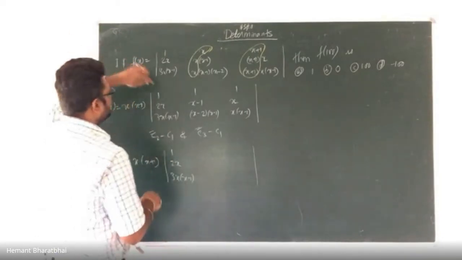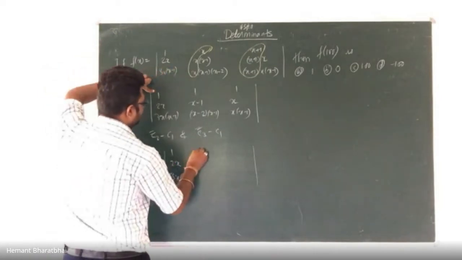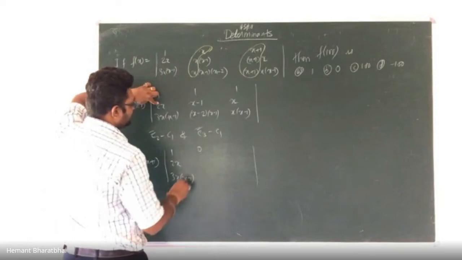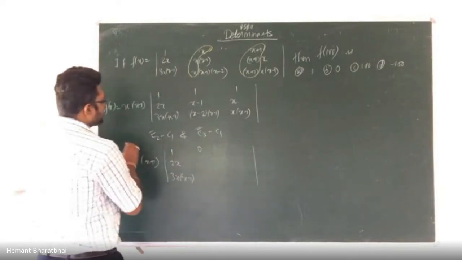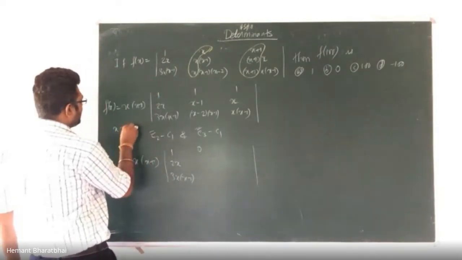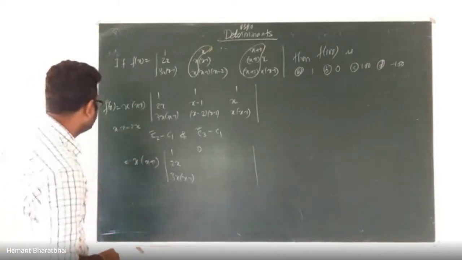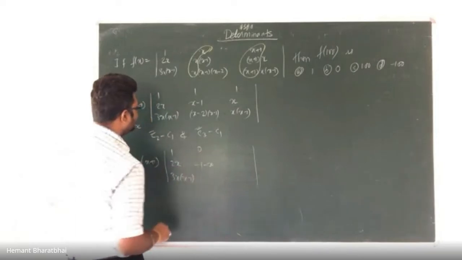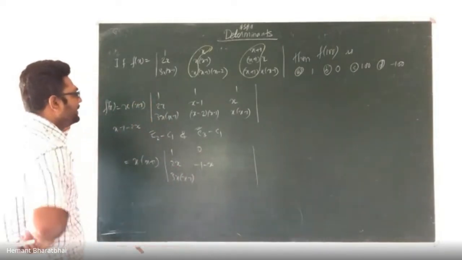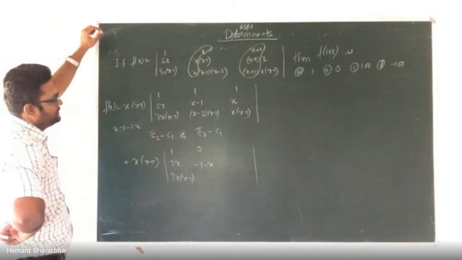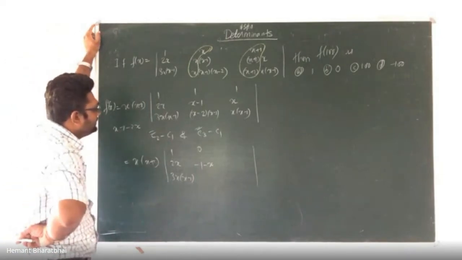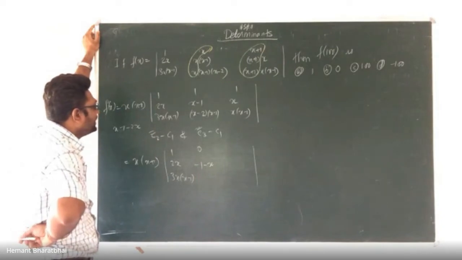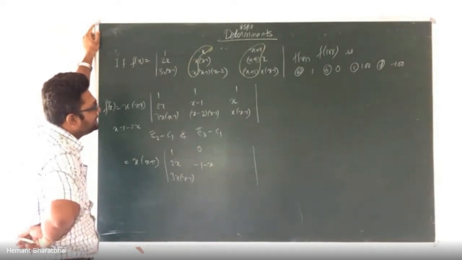So I am doing C2 minus C1. So 1 minus 1, that will be 0. x minus 1 minus 2x, so that will give me minus 1 minus x. Then here I'll have to solve this completely.